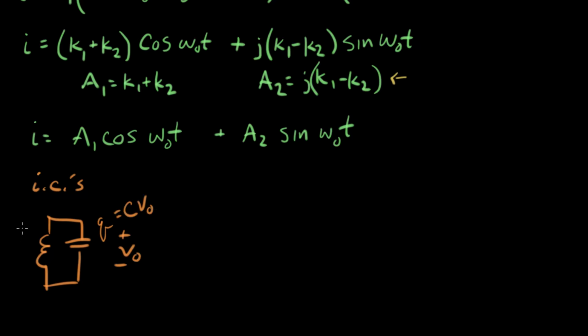And we said the current through here started at 0. So that's our initial conditions. V of time equals 0 equals V naught, and current of time equals 0 equals 0. Let's use these two values to help us figure out what A1 and A2 are. And we'll do that in the next video as we continue the derivation of the natural response.